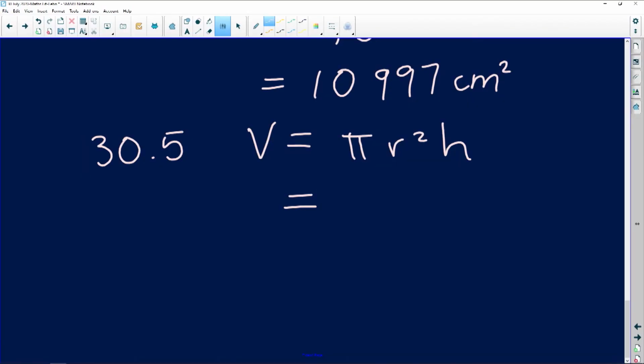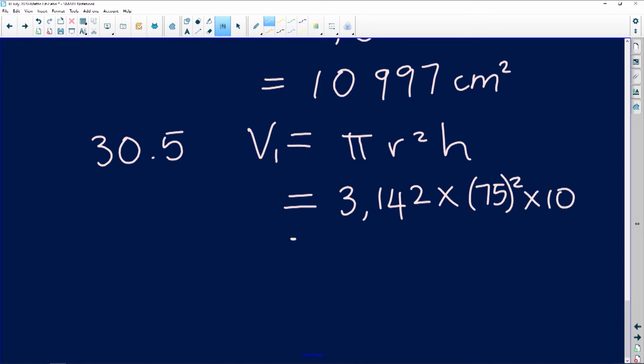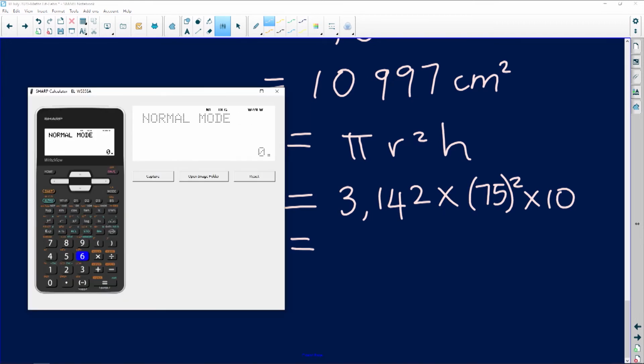The first volume I am going to call V1 and plug in all my values. The radius of the first one we did say is 75 and the thickness is 10. So whatever answer I'm going to get here, I'm going to be adding to the second one. That is 3.142 times 75 squared times 10.